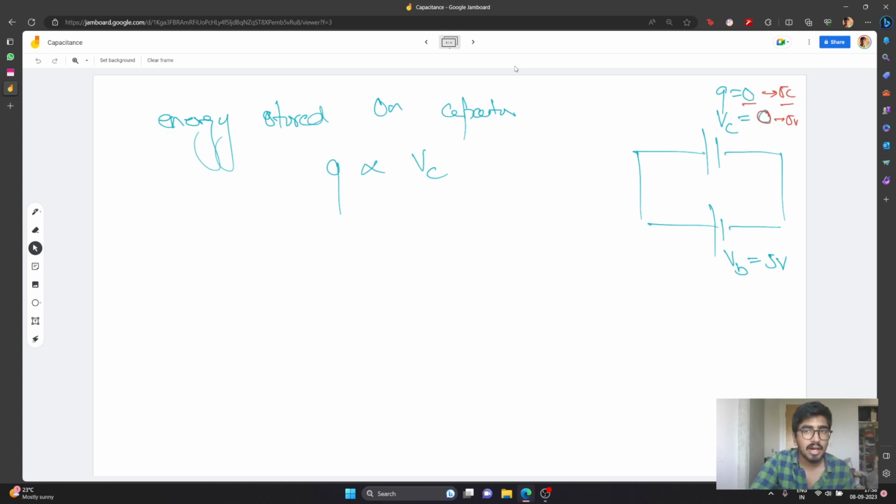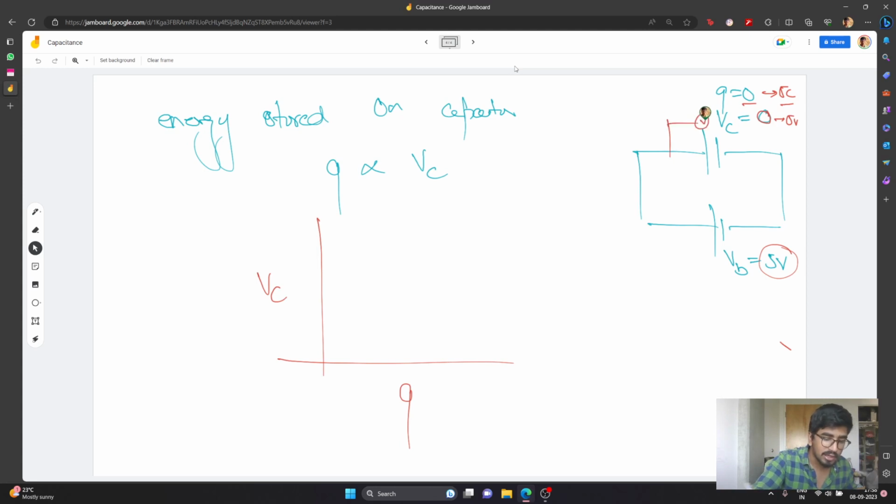The graph will look like this. This is the charge that we are putting on the capacitor, and this is the terminal voltage across the capacitor. Mind you, the battery voltage is always 5. But what is the capacitor's voltage? Say I put a voltmeter here, what will that read?